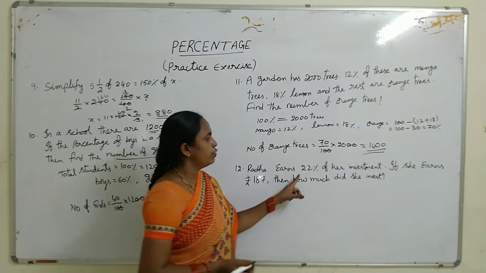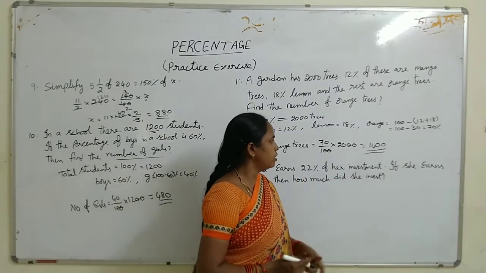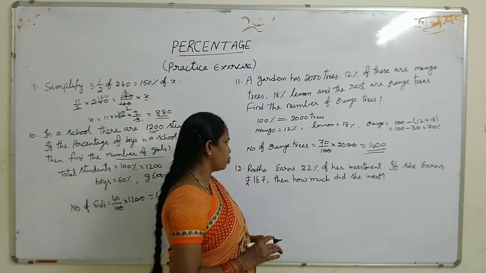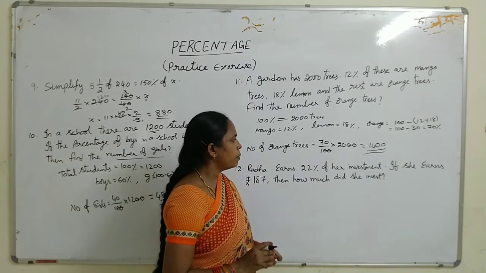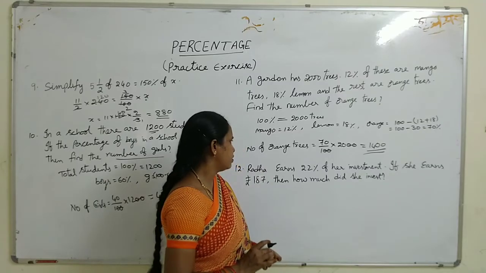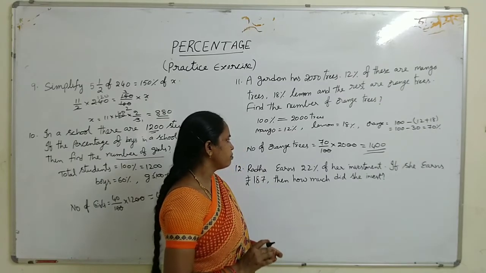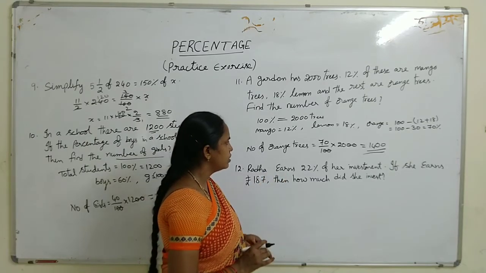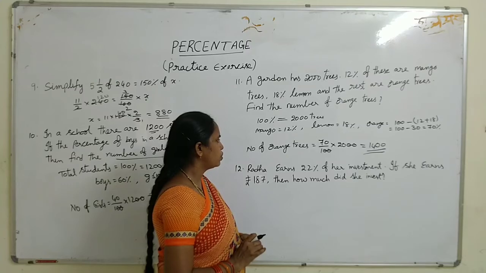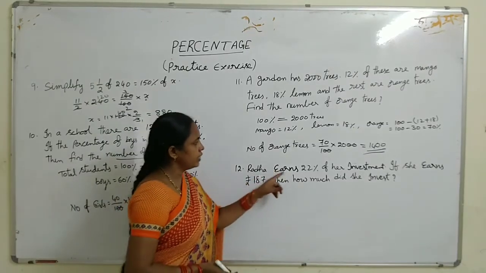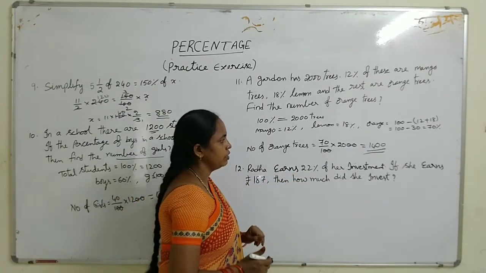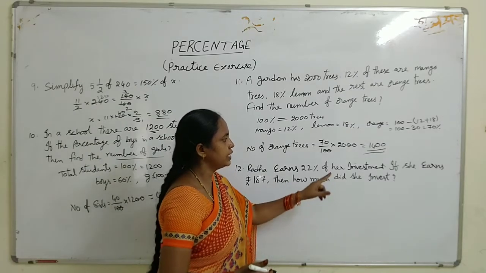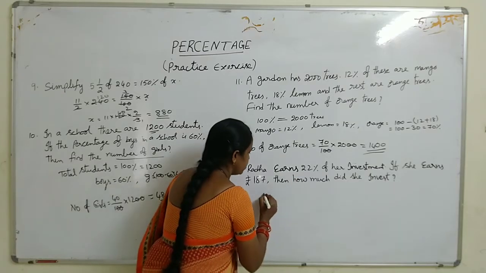Radha earns 22% of her investment. If she earns 187 rupees, then how much did she invest? So investment is 100%.